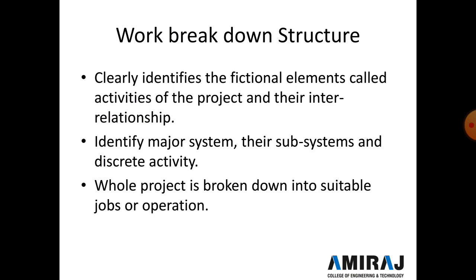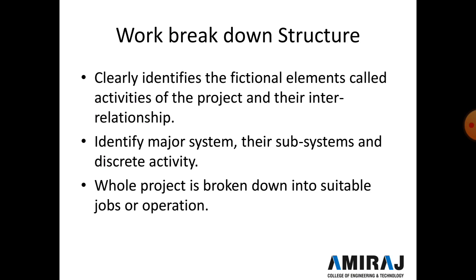The process of breaking the project into identified major systems, their subsystems and discrete activities is called a work breakdown structure. So the whole project is broken down into small jobs, activities or operations which are required to be performed for satisfactory and timely completion of the project.